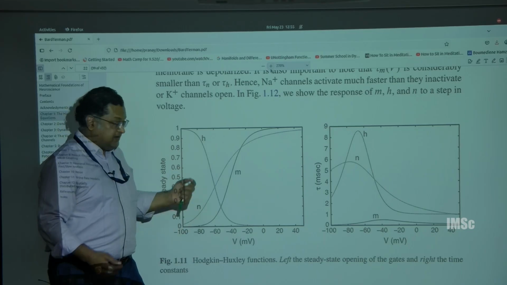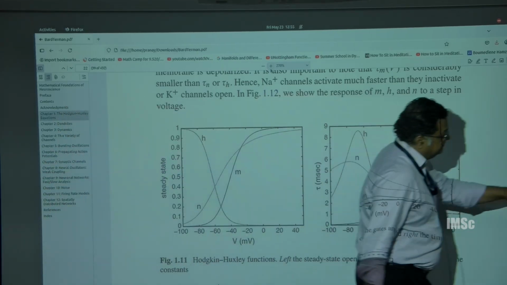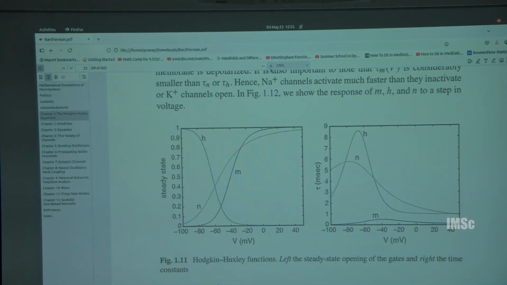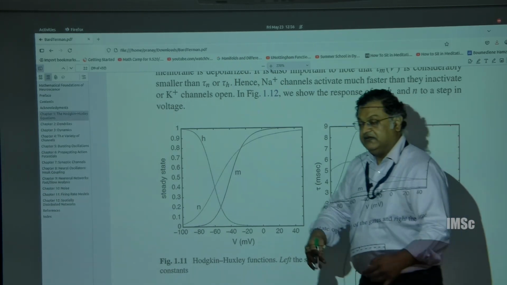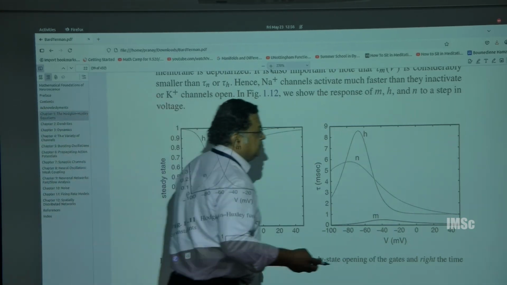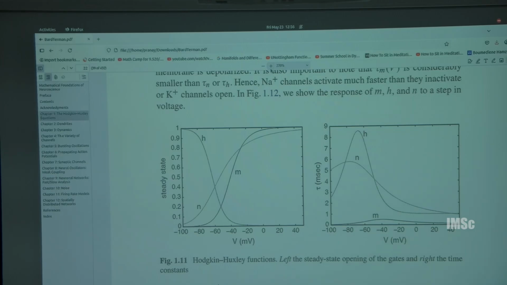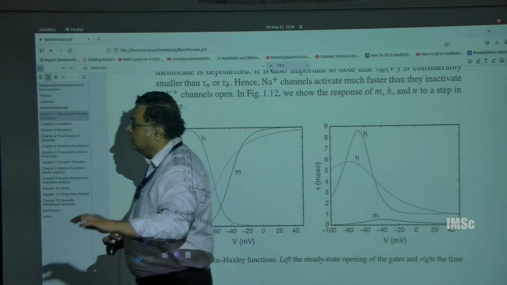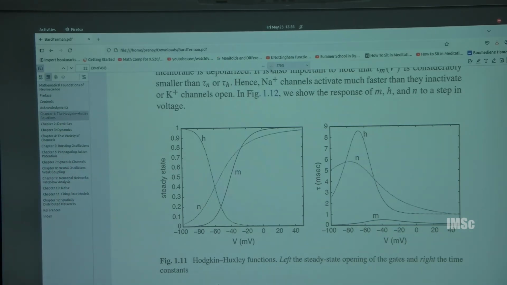So the variable m will get dragged towards m infinity at a rate tau m. m infinity in this case is actually dependent on v. Shall I make it more explicit by saying this depends on v and this depends on v as well, functions of v. So as the voltage is depolarized, the target m infinity is also becoming higher.